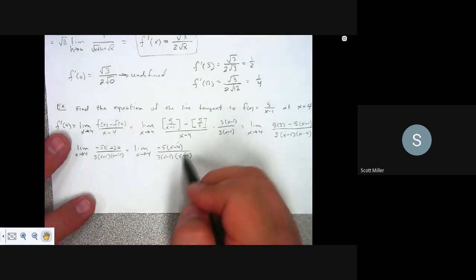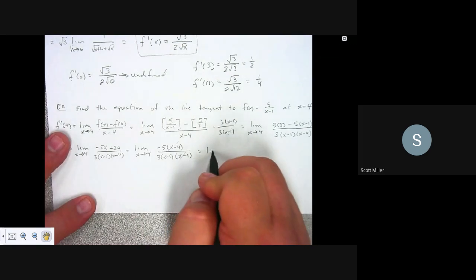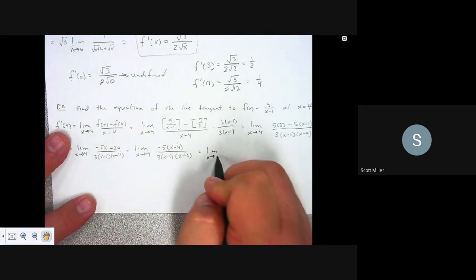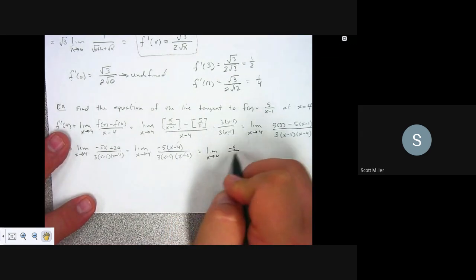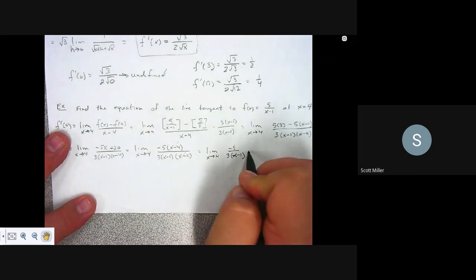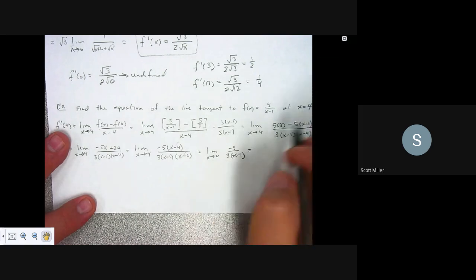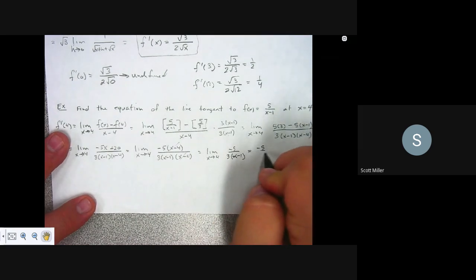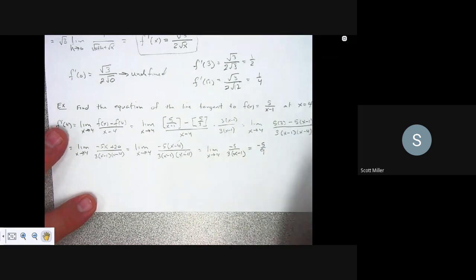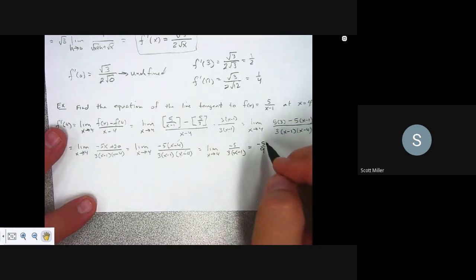We can see that these are going to reduce out, and this limit becomes negative 5 over 3 times x minus 1. Now I can use direct substitution, plug in our numbers, and get negative 5/9. So there is my slope right there.